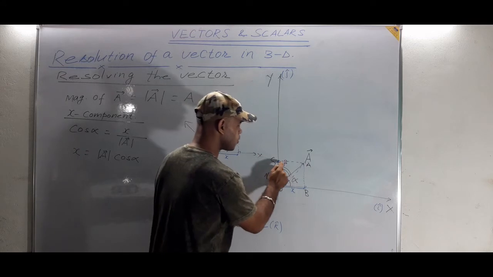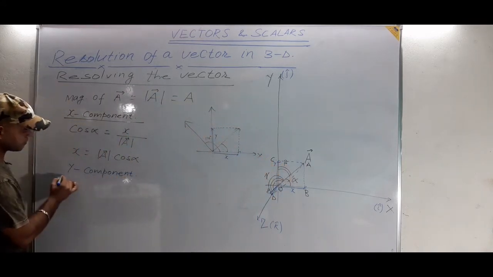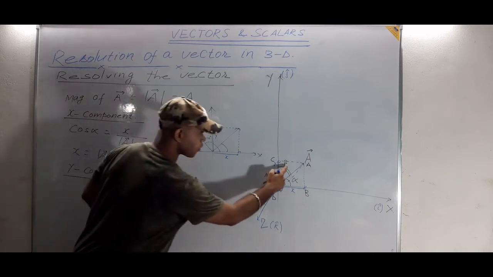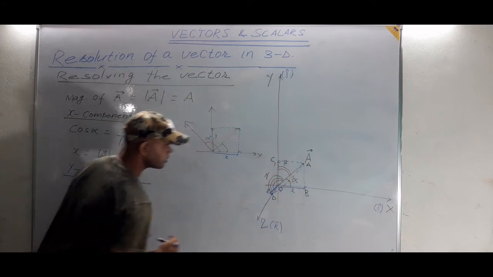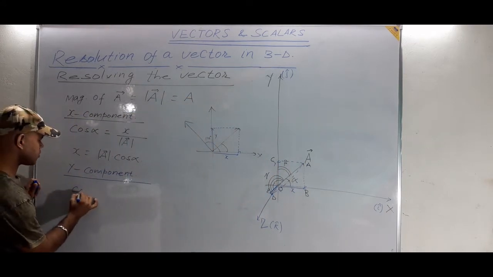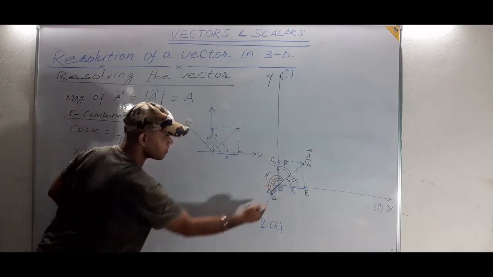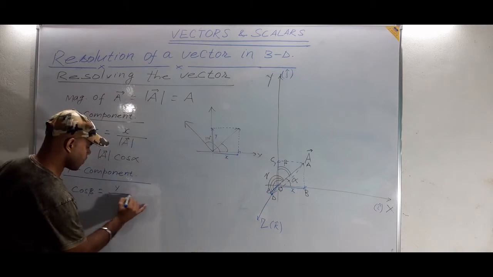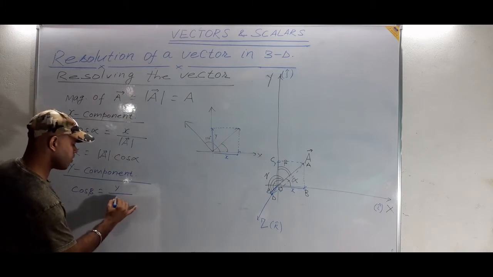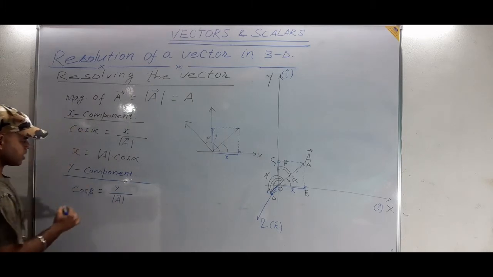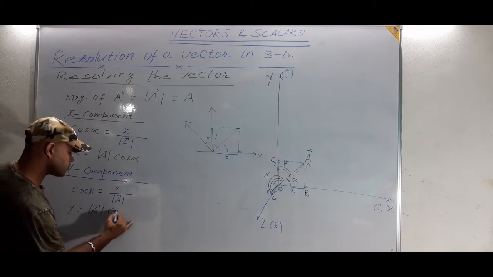So in the right angle triangle OAC, write cos of beta is equal to base. What is the base? The y component which we want to find, y, upon hypotenuse, that is the length of the arrow, magnitude of the vector, mod of a vector. So from here you get y is equal to mod of a into cos of beta.